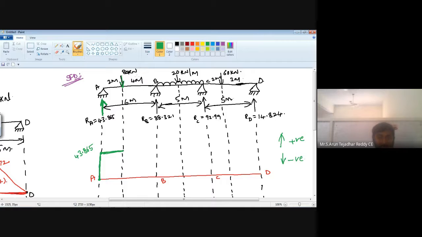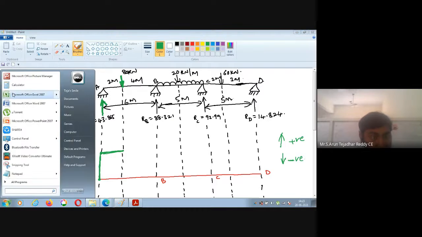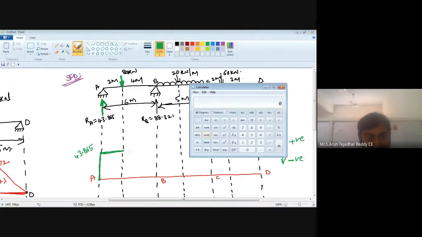Now what is our load? 80 kilonewton load is acting. That is which direction? Downward direction. Our downward direction is negative. So all of you open your calculator and enter these values. See, 43.865.